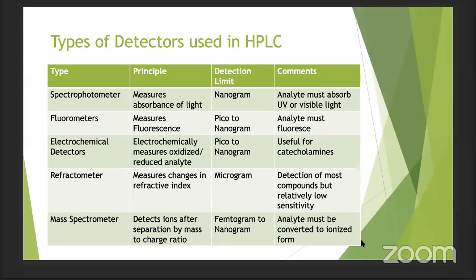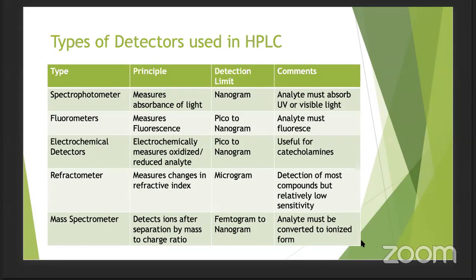Now, types of detectors that are used. Basically, there are five main types of detector used in HPLC. The first one is the spectrophotometer. It measures the absorbance of light, and the detection limit at which it works is in nanograms. Here, the analyte that you want to separate must absorb UV or visible light.